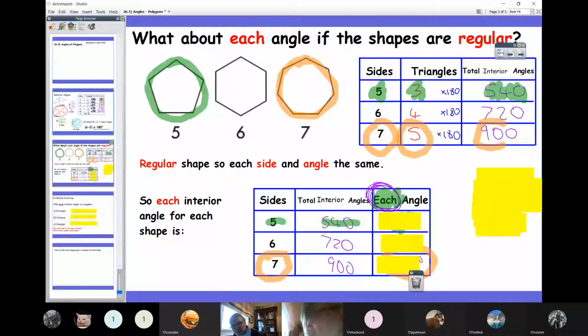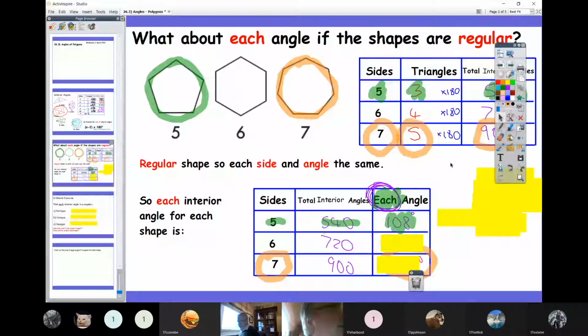So I take my 540 and divide it by 5 to work out that each angle is 540 divided by 5, which is 108. That's going to be exposed in a minute when that drags across. With the 720, for the 6-sided shape, I would divide by 6, and the 7-sided shape, I would divide by 7.